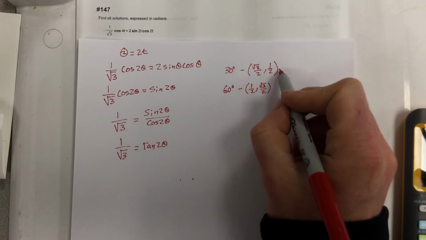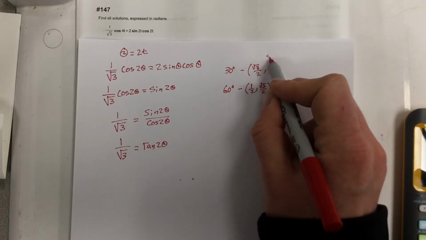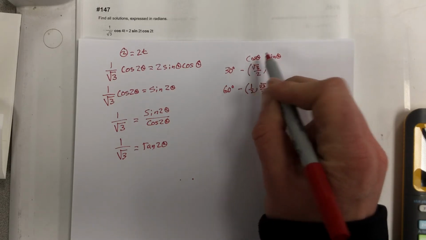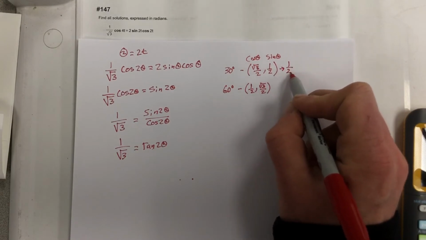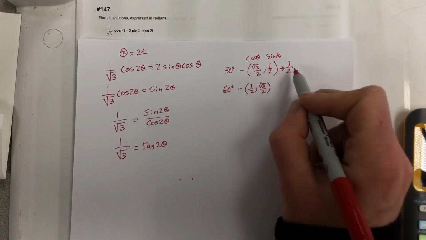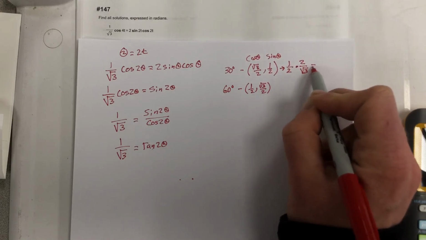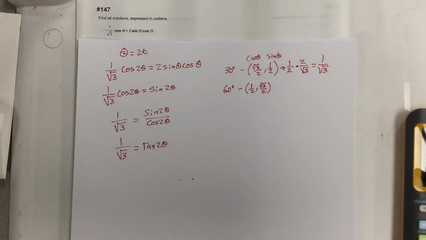Well, let's try the top one. I would take sine divided by cosine. So sine is 1/2 and cosine is root 3 over 2. And so that would give me 1/2 divided by root 3 over 2, which would mean multiply by the reciprocal. And you can see that we're going to get 1 over root 3. So at 30 degrees is where we get 1 over root 3.